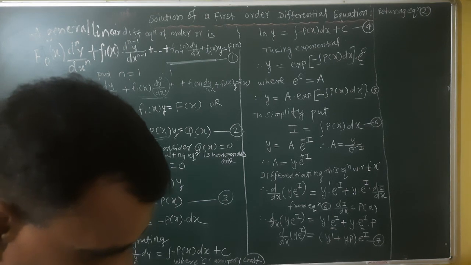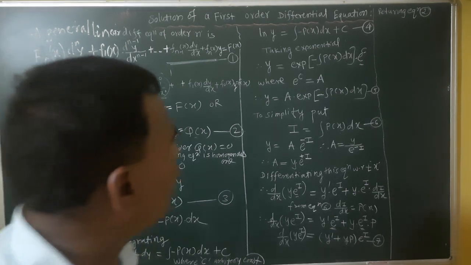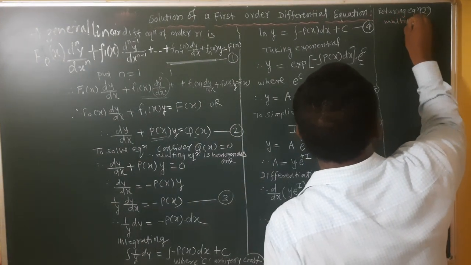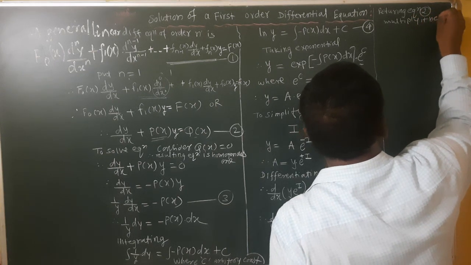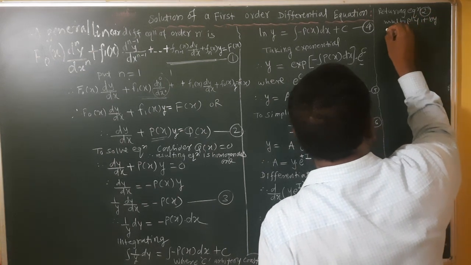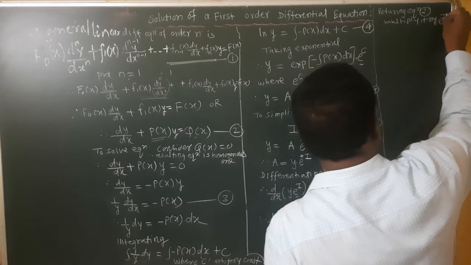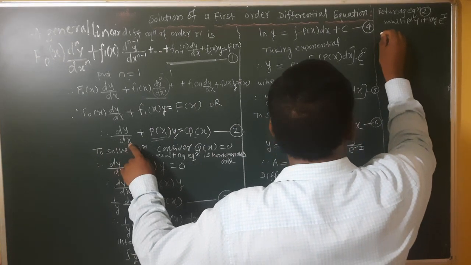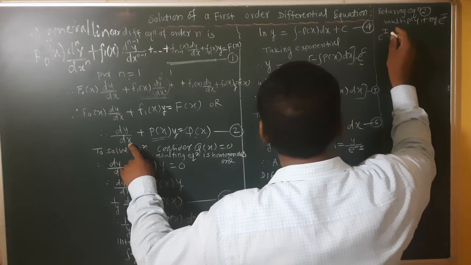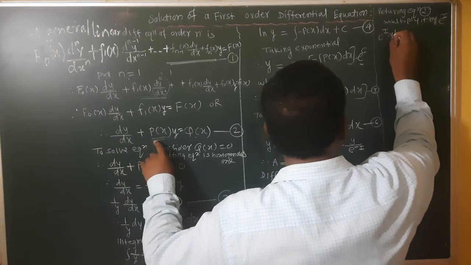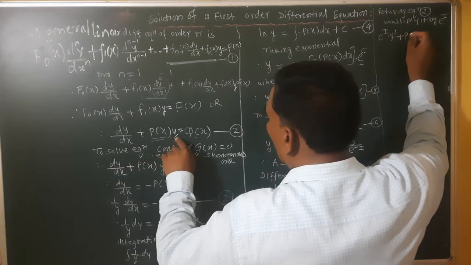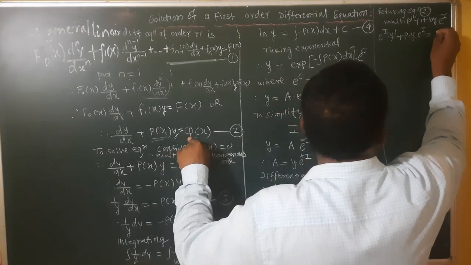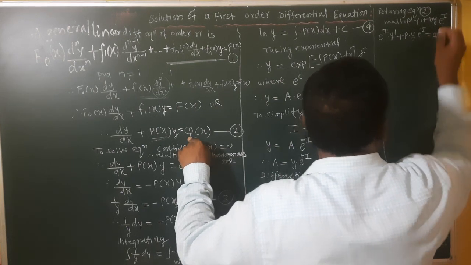Let us multiply it by e raised to I. It gives e raised to I into y dash plus p into y into e raised to I is equal to q into e raised to I.